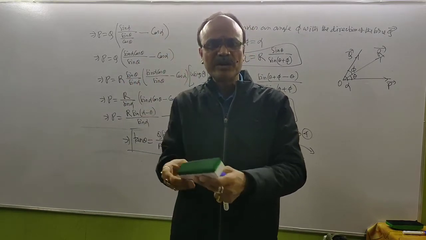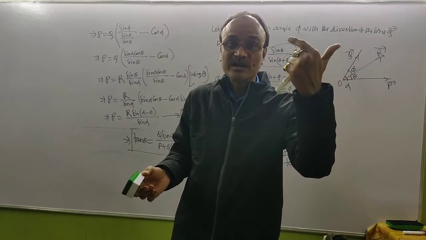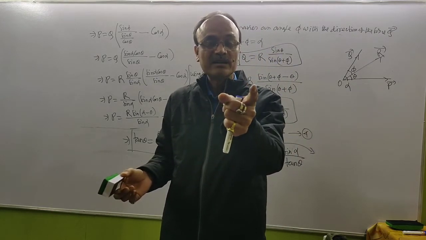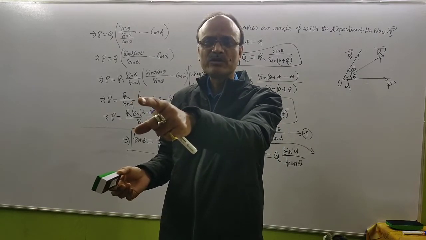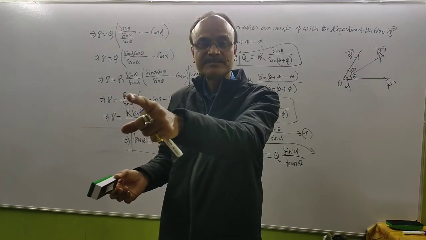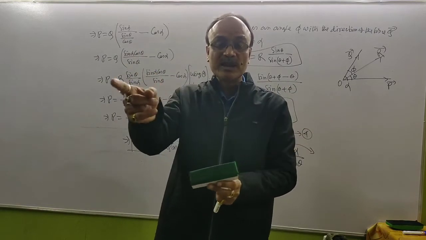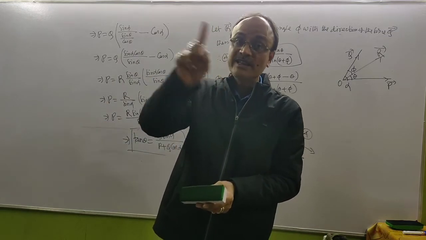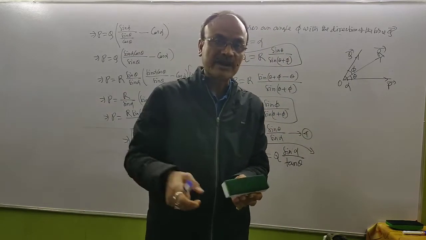Suppose if the resultant makes an angle, suppose phi with Q, then also you can write tan phi equal to P sin alpha, alpha is the angle between P and Q, divided by Q plus P cos alpha in the denominator.